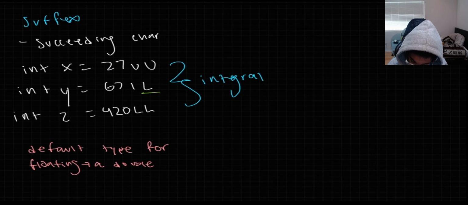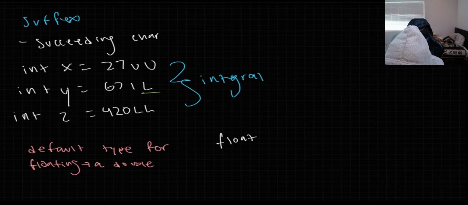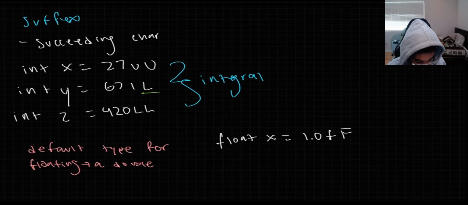So in that case, if we wanted to make something a float, we would have to do float x equals 1.0 and then f. We can also do capital F. We can also make something a long double.